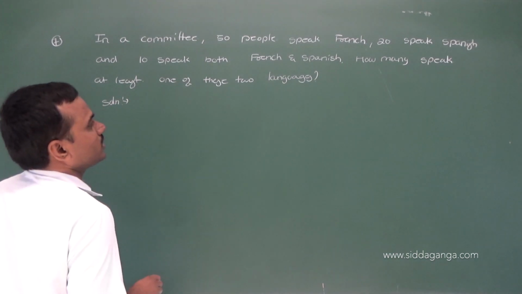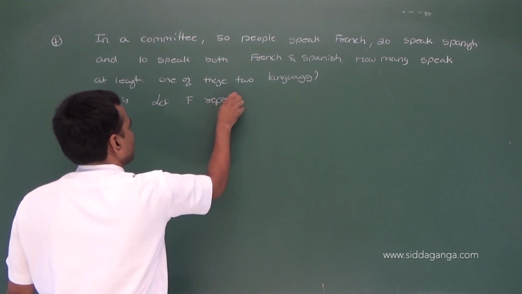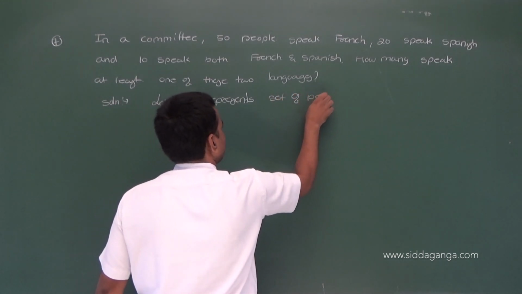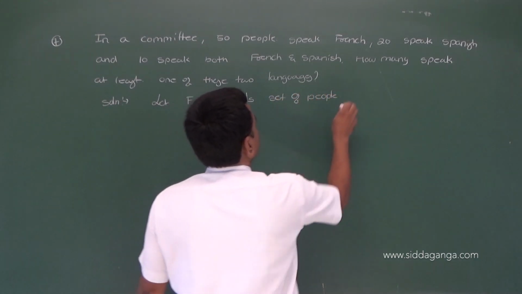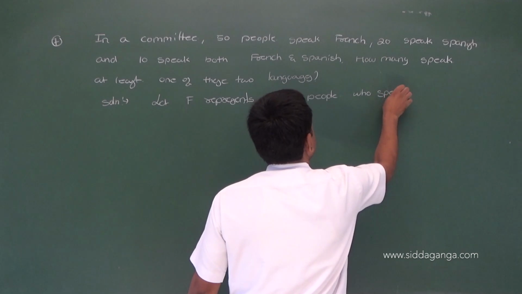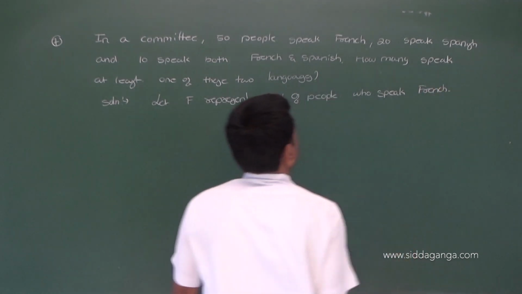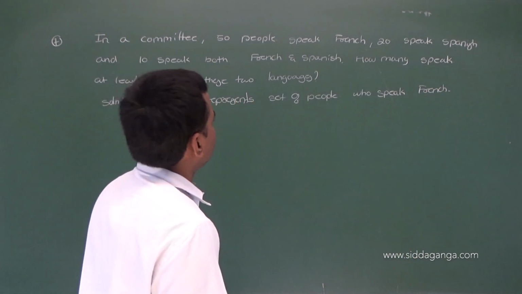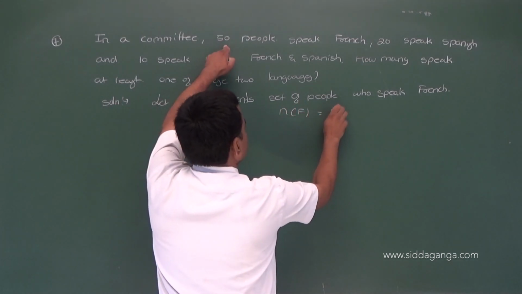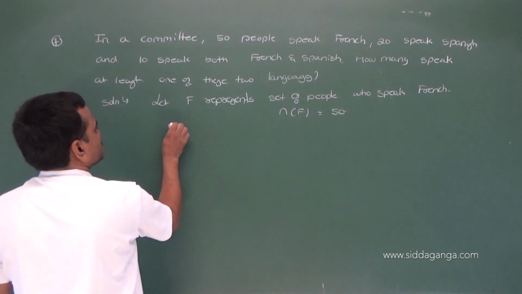What we do, let F represent the set of people who speak French. He has given n of F is how much? 50. Next, Spanish.